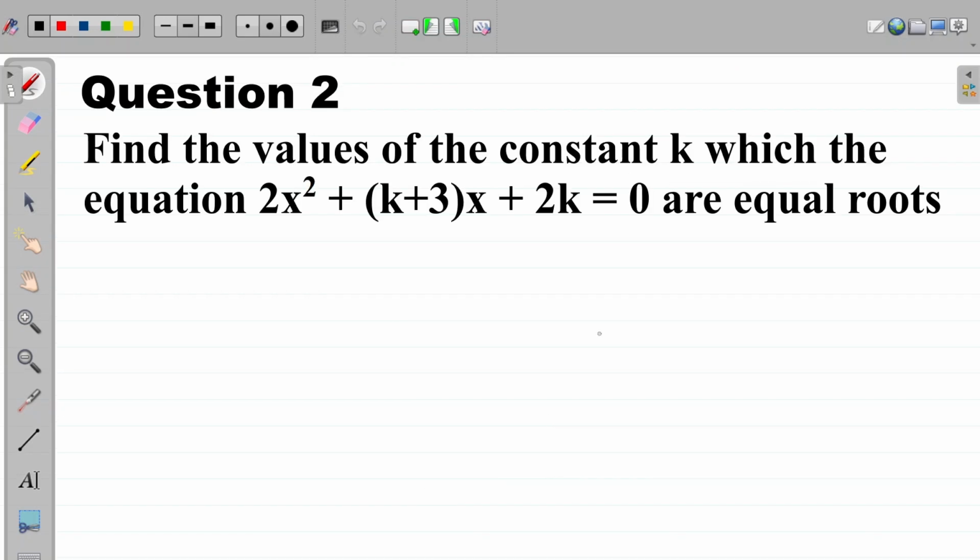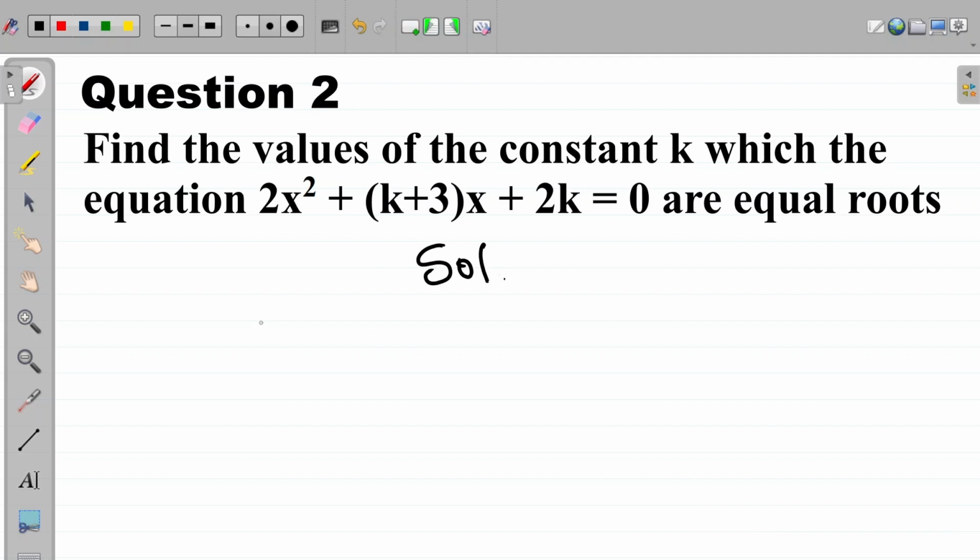Now, question 2 says, find the values of the constant k for which the equation 2s squared plus, open your bracket, k plus 3, close the bracket, multiplied by s, plus 2k equal to 0 has equal roots.